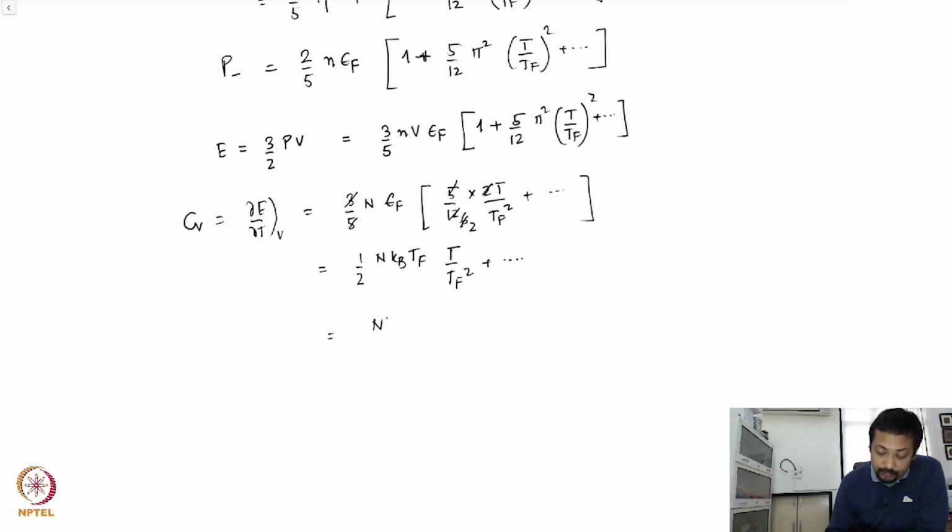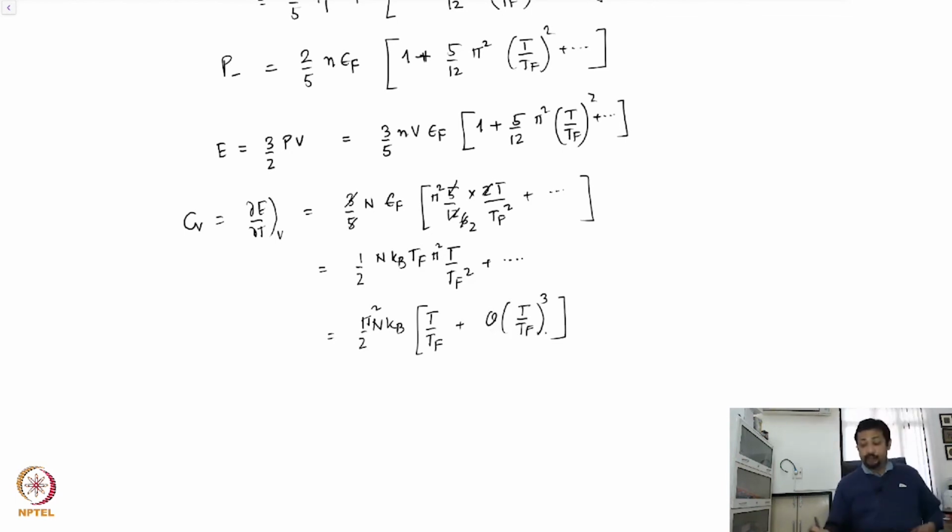There's a pi square which we have missed. There has to be a pi square here, so it is pi square by 2 n kb, times t over tf plus order t over tf whole cube. These are my higher order corrections.